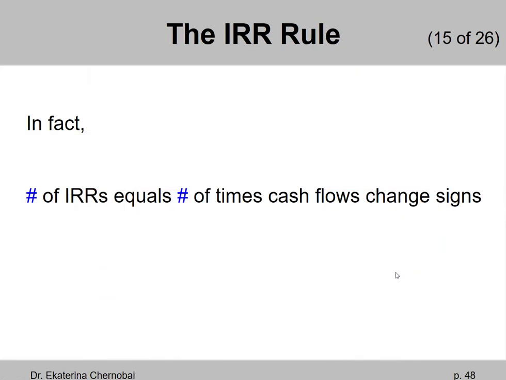Turns out that if in a numerical problem the cash flows change signs 3 times, there will be 3 IRRs. If the cash flows change signs 100 times, there will be 100 IRRs. So the NPV line would be crossing the horizontal axis over and over and over again, kind of looking like a wave. So things get even more complicated with the whole accept and reject regions.